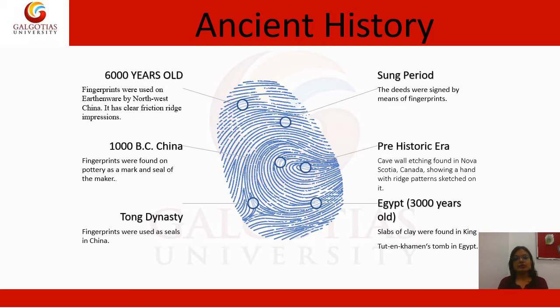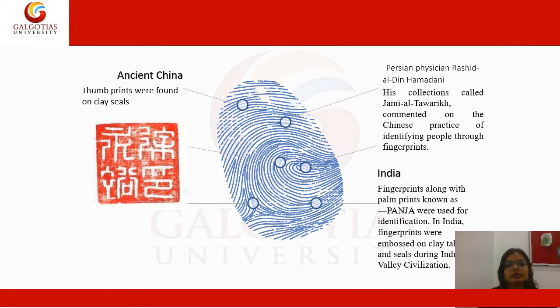Then in Egypt, about 3,000 years ago, a slab of clay was found in the tomb of a king. In ancient China, clay makers used to put their thumbprints on clay seals.